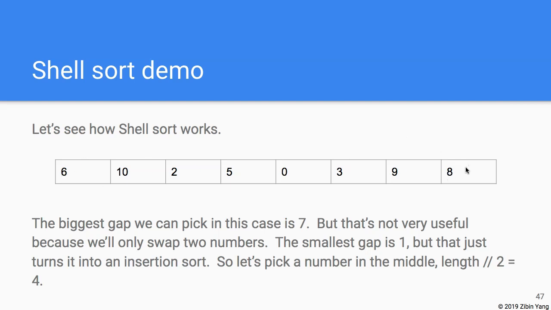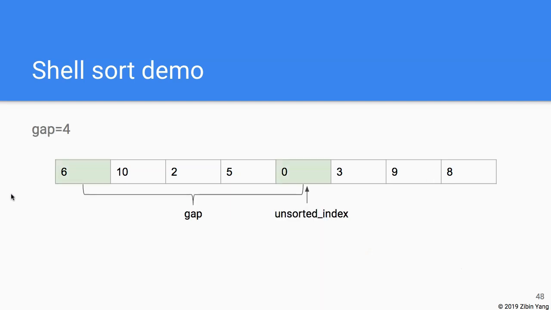So really, that isn't very useful. We're not moving very many things. On the other extreme, the smallest distance would be just 1, but that would bring us back to insertion sort, which is something that we're trying to improve upon. So between 1 and 7, how about we pick something in the middle? We'll start at 4. All right, so let's see how that goes.